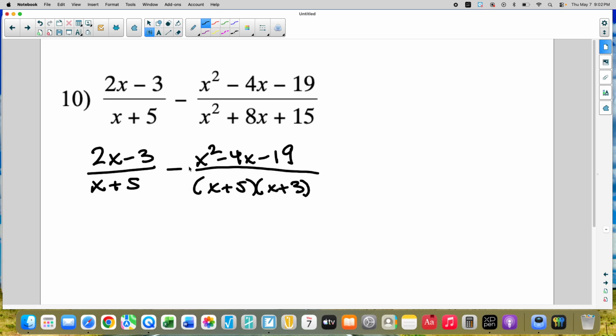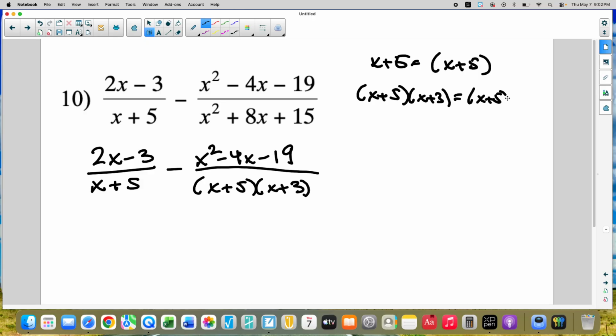So I got to find a common denominator. x plus 5, the prime factorization is x plus 5. x plus 5, x plus 3 breaks up to x plus 5, x plus 3. My LCM: what do they have in common? They have an x plus 5.